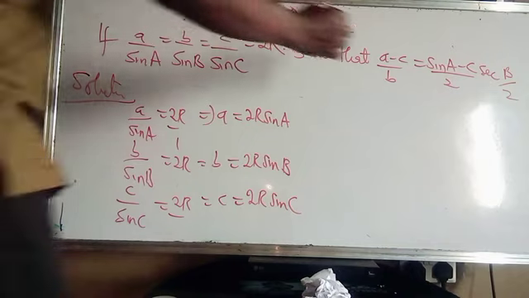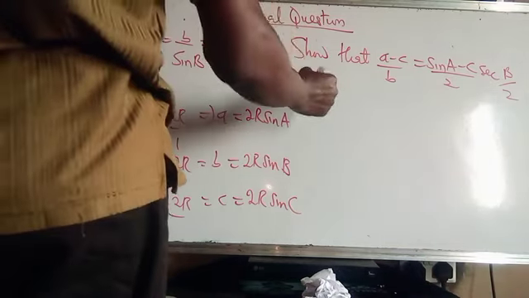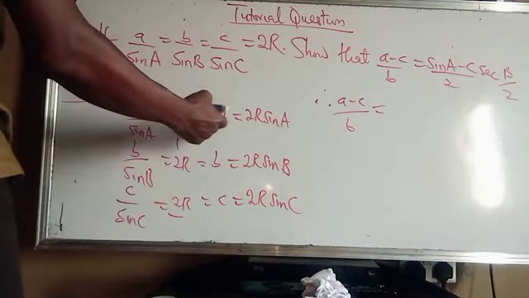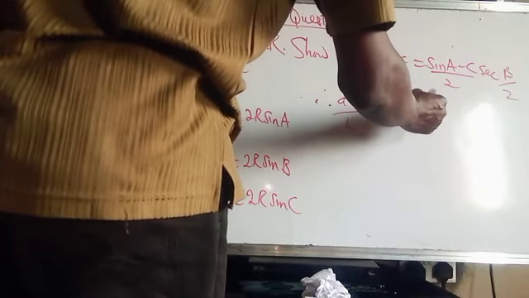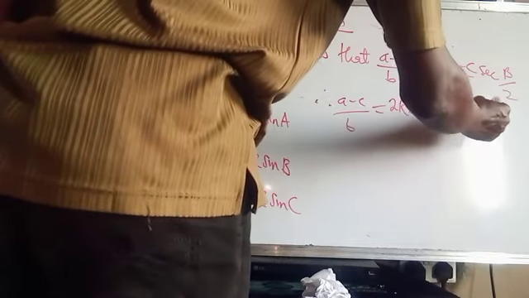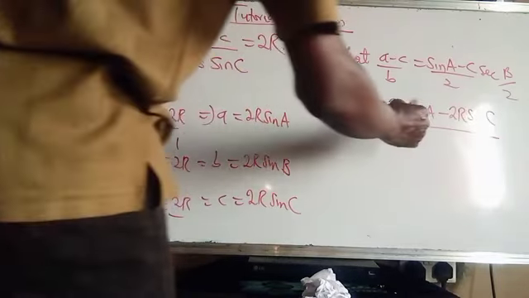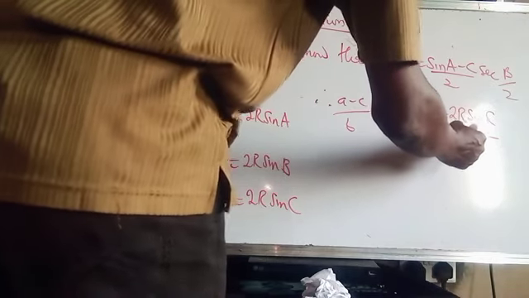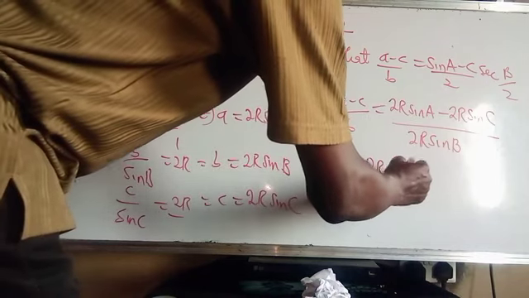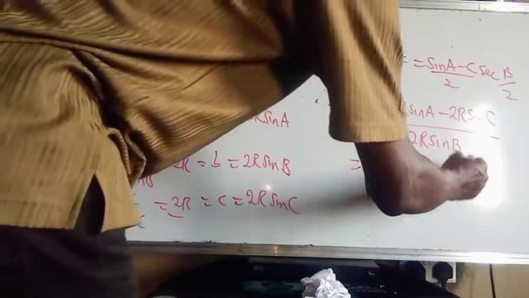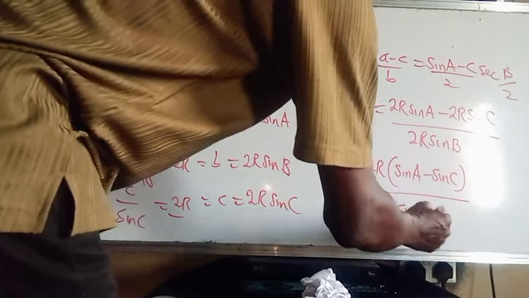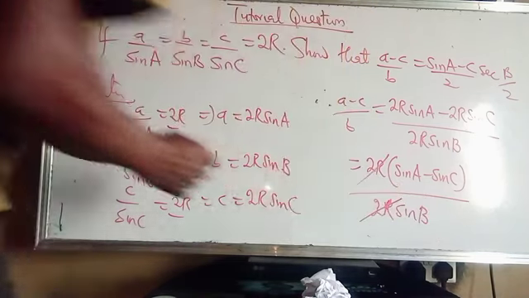So now, what is A minus C over B? A minus C over B will be, our A here is 2R sine A, then minus our C, which is 2R sine C, all over our B, which is 2R sine B. This can be written as 2R is common, into sine A minus sine C, all over 2R sine B. So the 2R down here cancels the one up here.